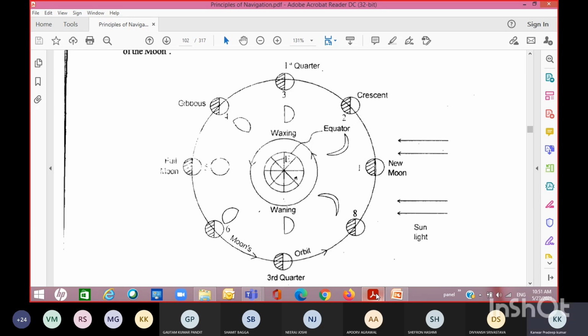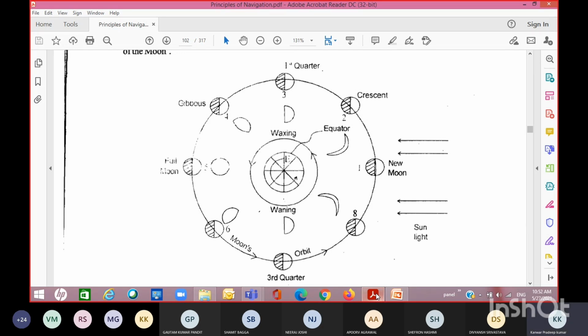After full moon, when the size of the moon starts reducing, it is called waning. You will see first it will become gibbous. Then it will become half again, third quarter, again a crescent, and then again a new moon.